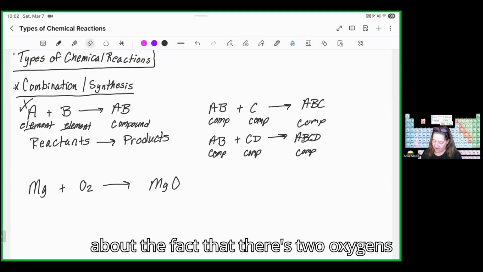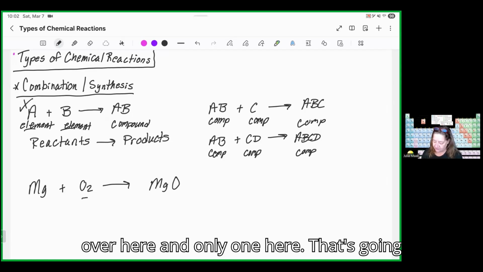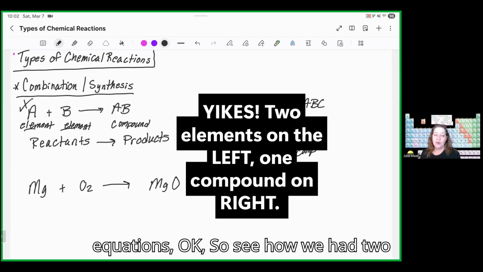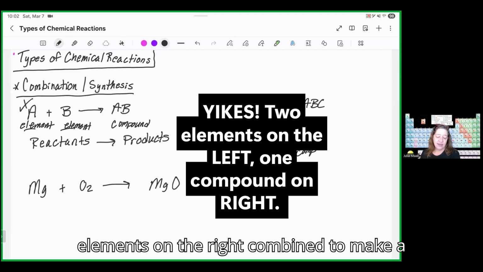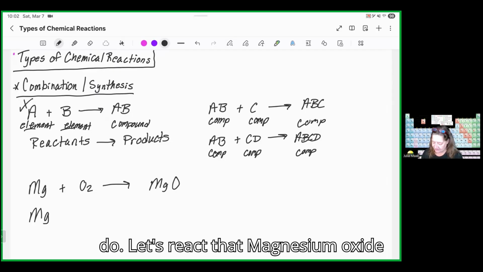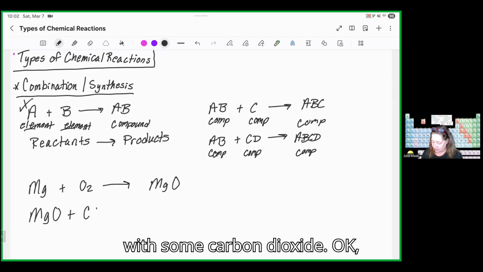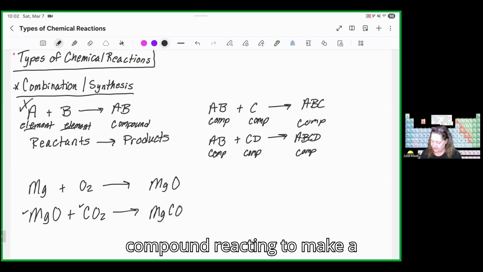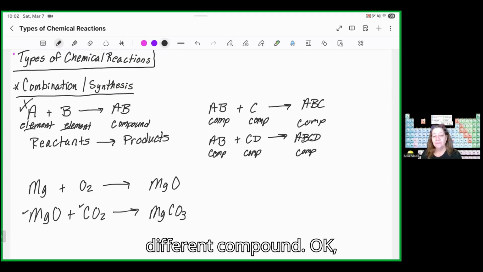We won't worry about the fact that there's two oxygens on one side and only one on the other. That's going to come later when I talk about balancing equations. See how we had two elements on the left combine to make a compound on the right. We could also react that magnesium oxide with some carbon dioxide, where I have a compound and a compound reacting to make a different compound.